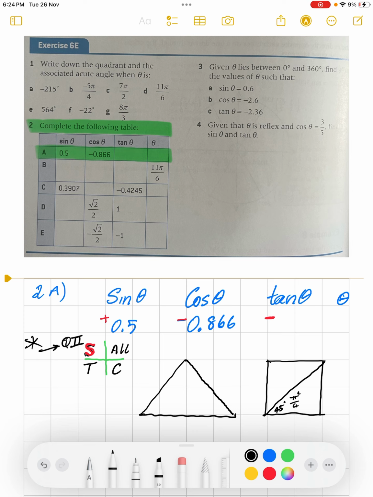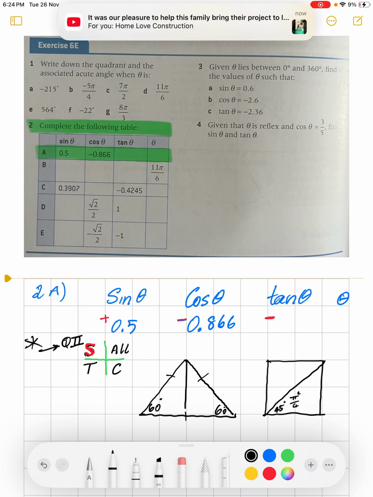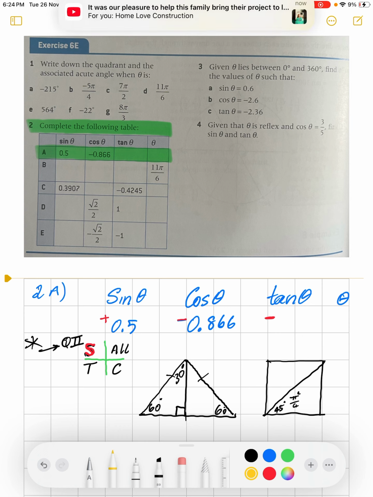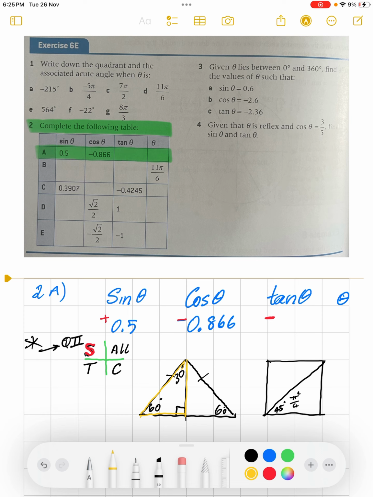This equilateral triangle, 60-60-60, we would split up into 60, 30, 90. So really, it's this triangle here that we'll mostly be using to help us.